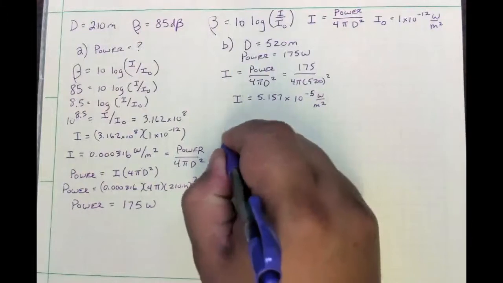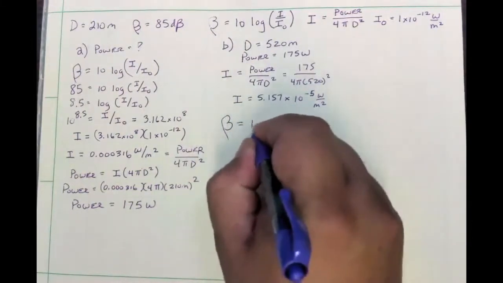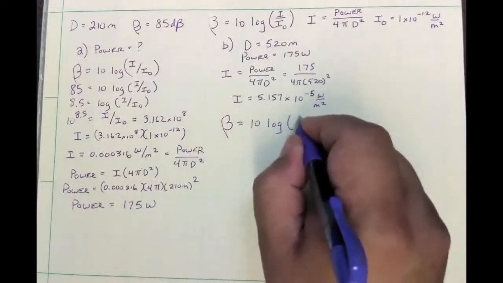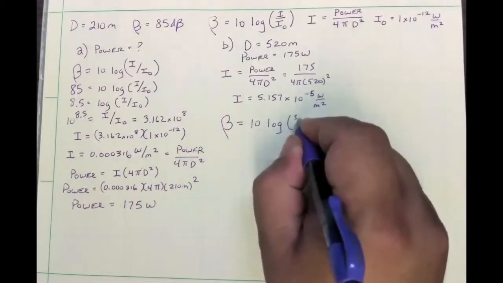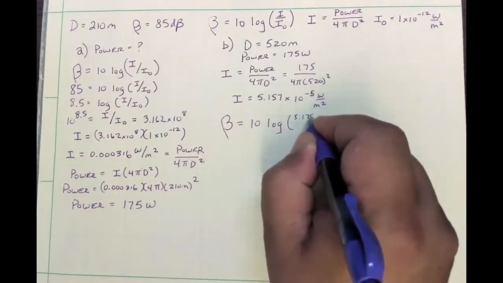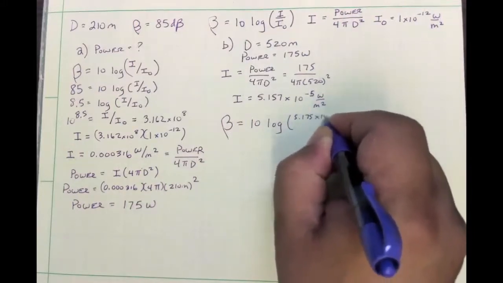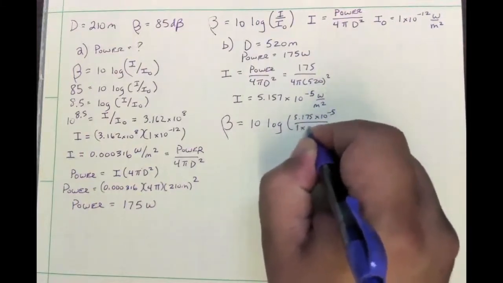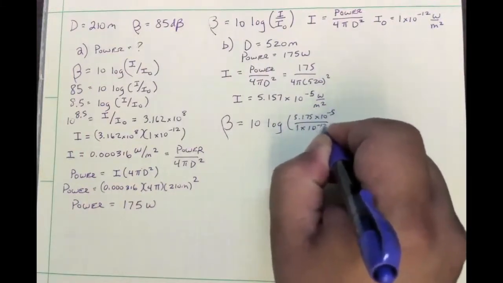We place this into the decibel formula: 10 log times the new intensity, 5.157 times 10 to the minus 5 divided by 1 times 10 to the minus 12.